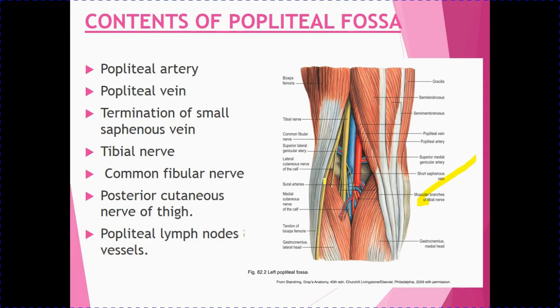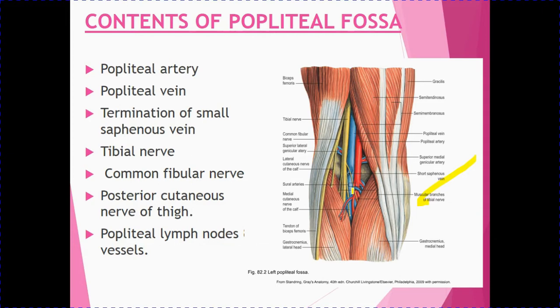The fascia has three important contents: the small saphenous vein, the sural nerves, and the posterior cutaneous nerve of the thigh. Its floor is formed by the femur bone, the capsule of the knee joint, as well as by a muscle called the popliteal muscle.